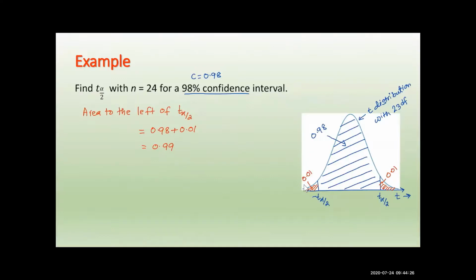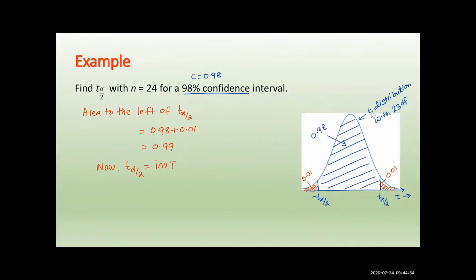Now, because you have this T distribution here, in order to find T alpha over 2, we use the inverse T in our TI-84 calculator. This is how we write it. T alpha over 2 is equal to inverse T. If it was a standard normal distribution and you were calculating the Z alpha over 2, you would use inverse normal.